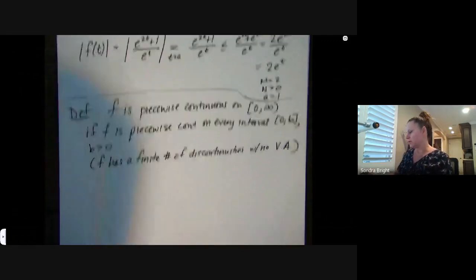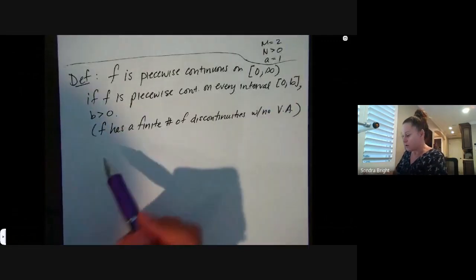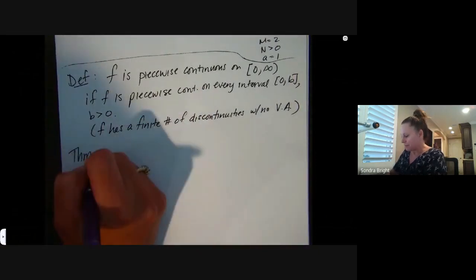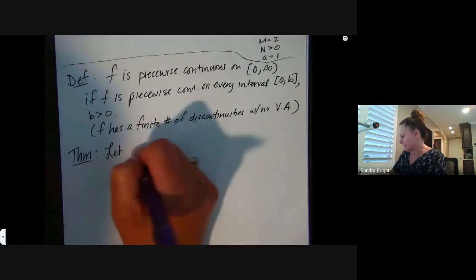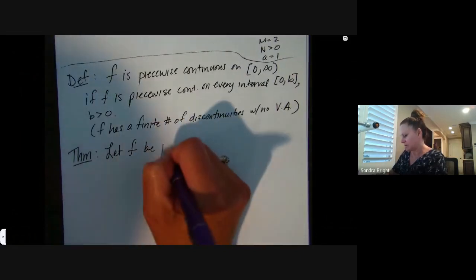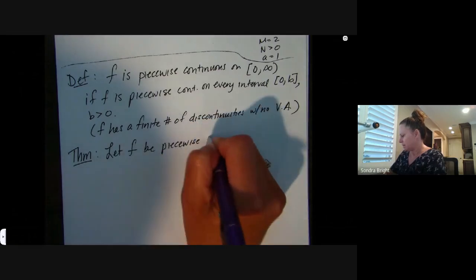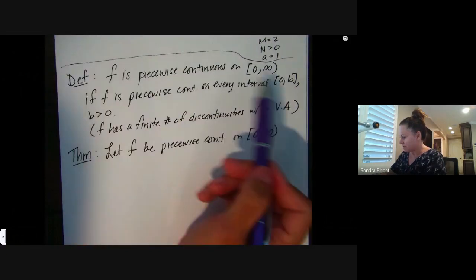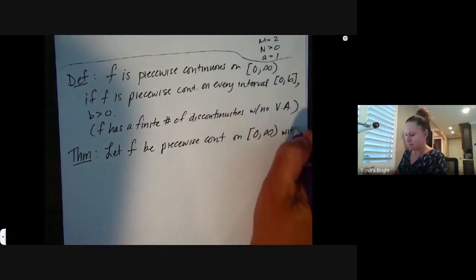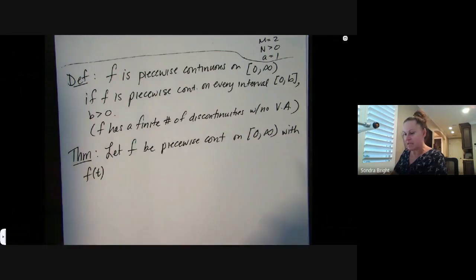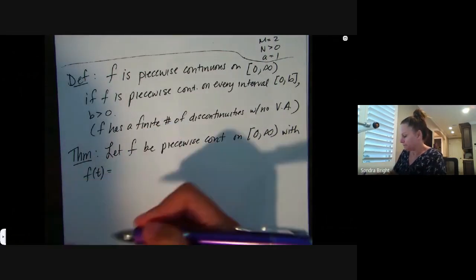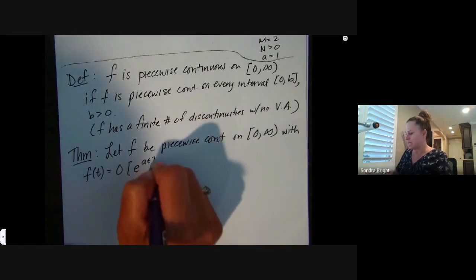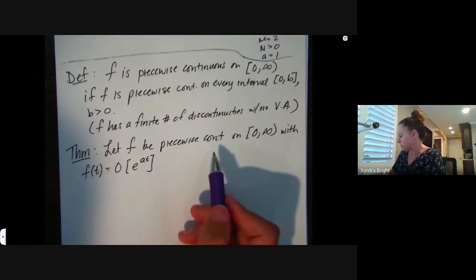You know what exponential order is, you know what piecewise continuous is, and so that leads us to the theorem of why do we care. Let f be piecewise continuous on 0 to infinity, with f of t being of exponential order. So f is piecewise continuous and it's of exponential order for some constant a.